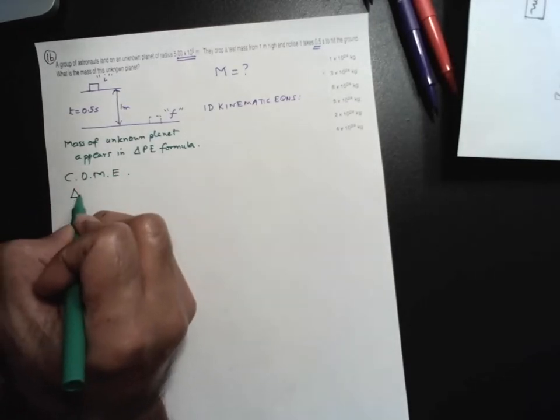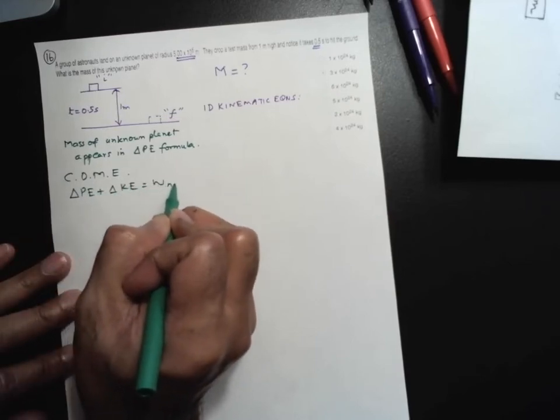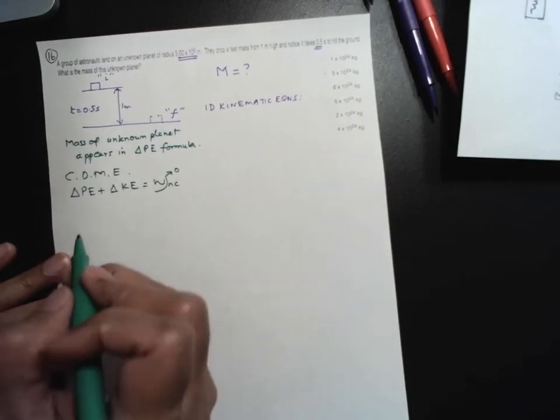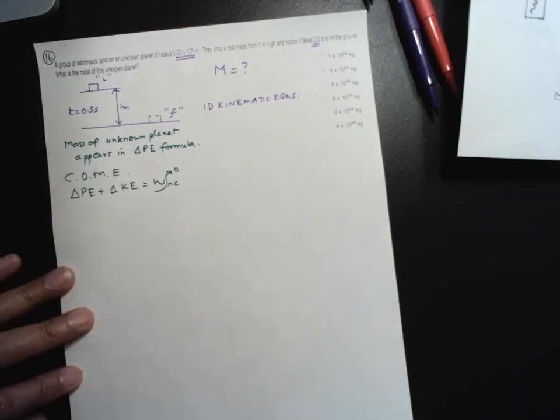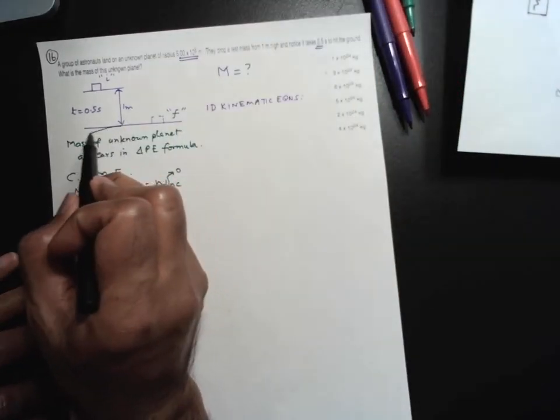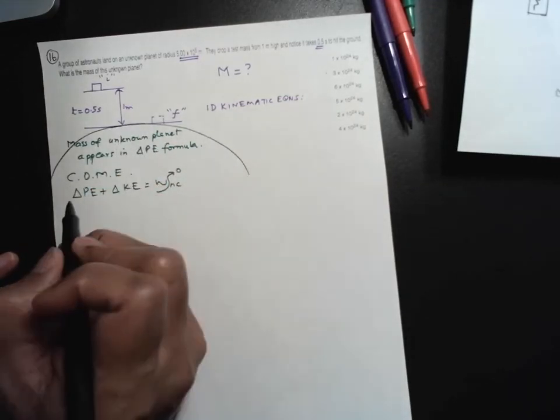And so it's a change in potential, change in kinetic, work done by non-conservative. There are no non-conservative forces. What do I do? So, we're on the planet. The planet, of course, is something like this. So there is a radius to it.